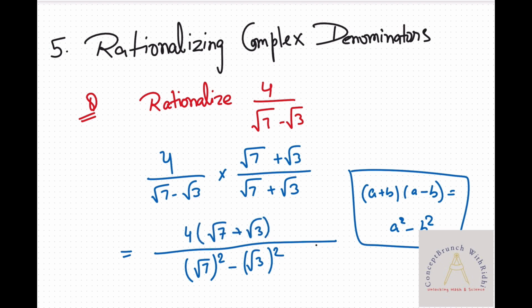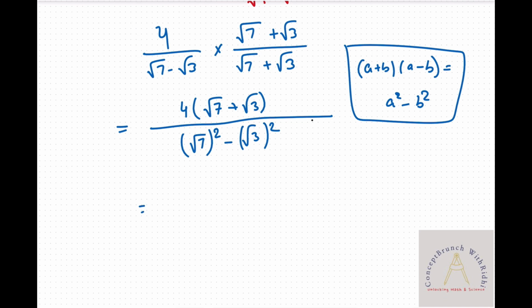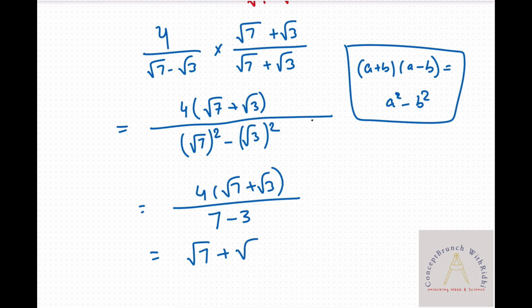Now solve the denominator: root 7 squared is 7 minus 3, which is 4. Up and down there is a 4, so numerator and denominator cancel out. The answer will be root 7 plus root 3, which is the final answer.